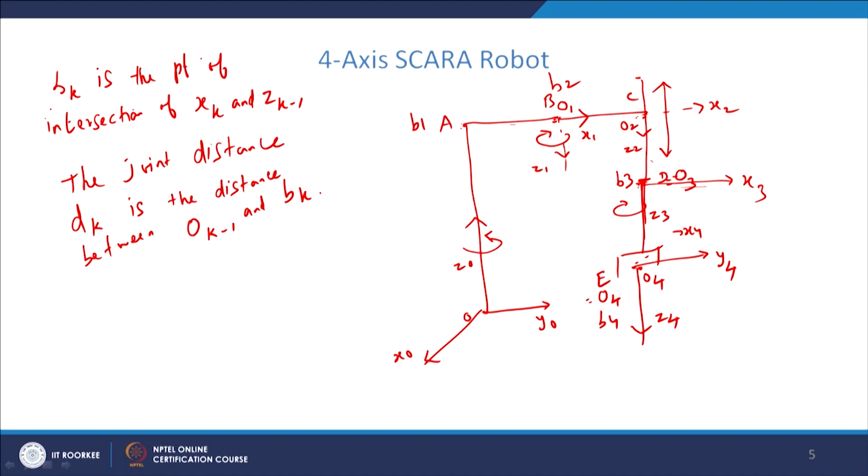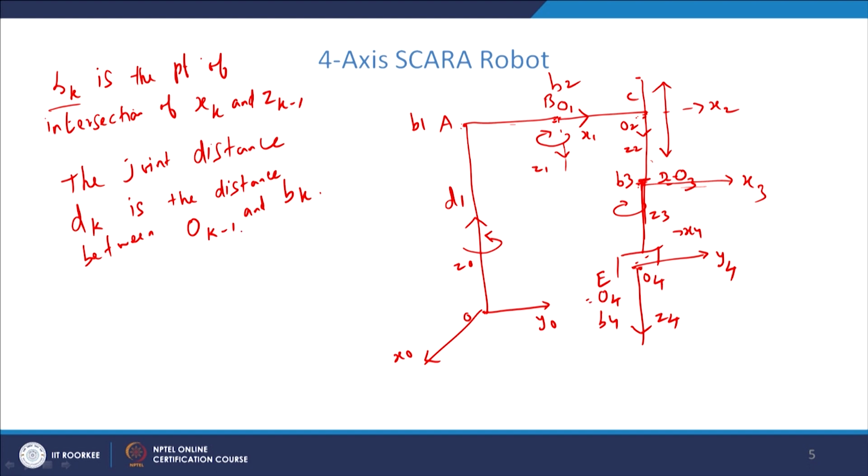Once the point Bk is fixed, we know the origin. So, the first origin is O0, the base, and B1, this distance OA is called the distance D1, and O1 and B2. So, O1 is here the point B, and B2 is also the same point. So, we can say that D2 is 0, as O1 and B2 are at the same position, therefore, D2 is 0.